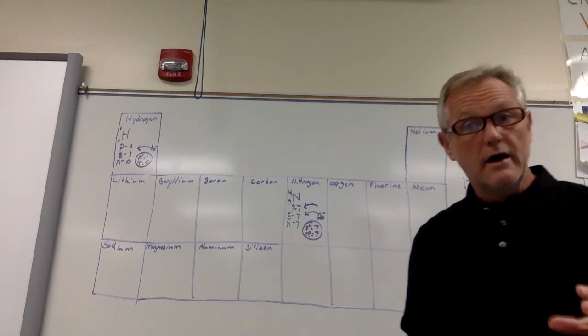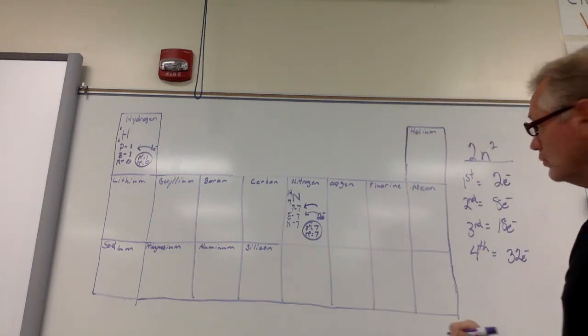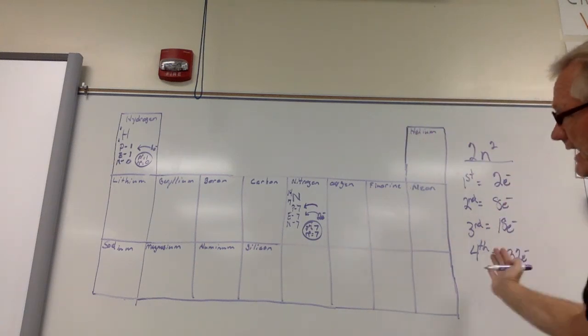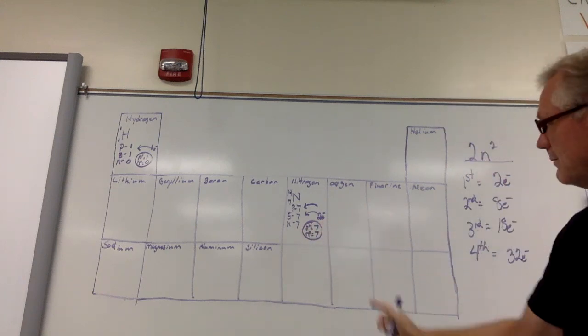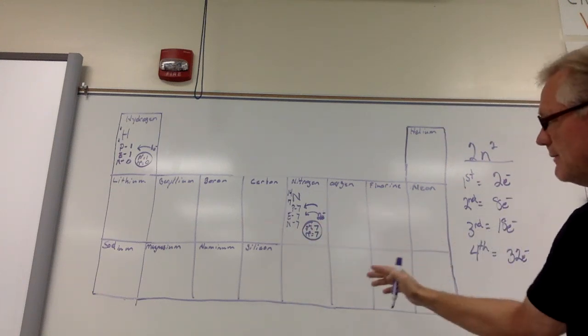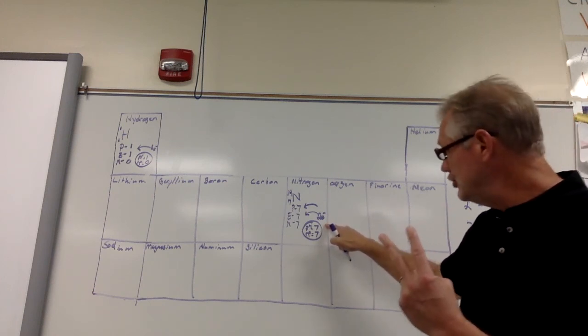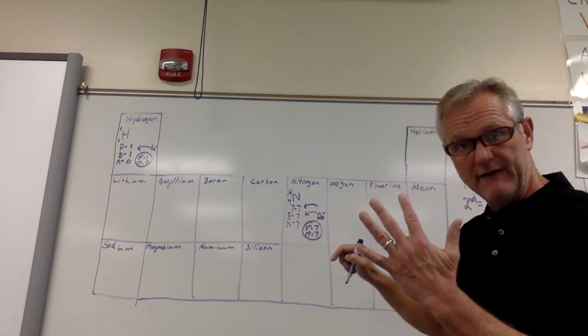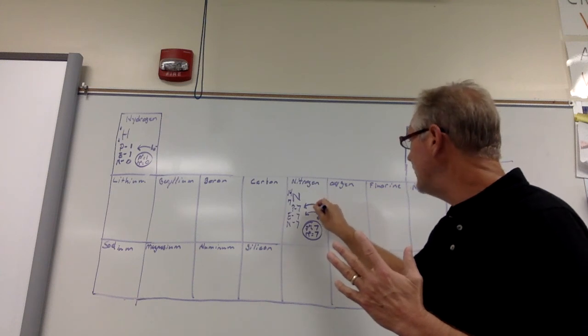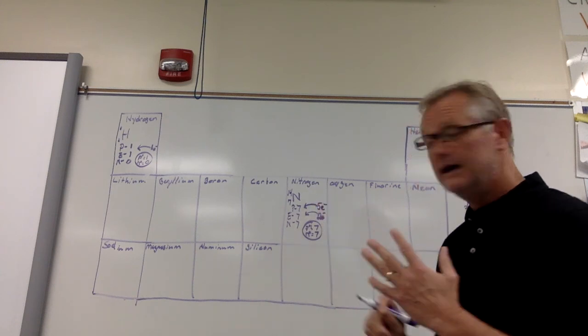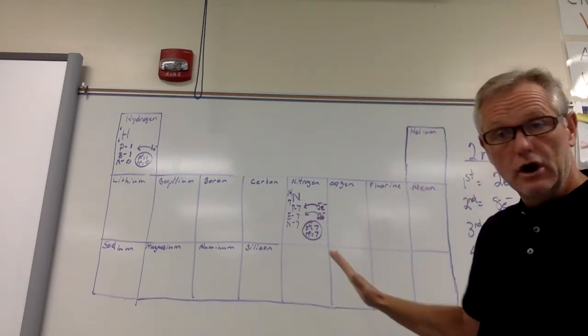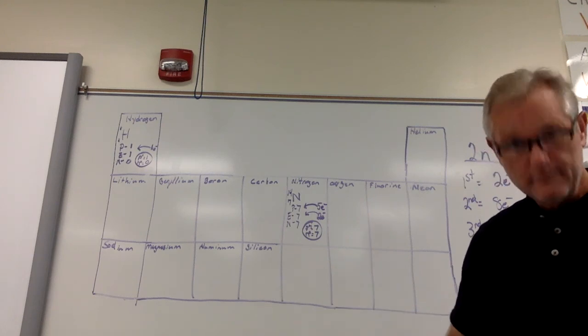Now the second energy level holds all the way up to 8. But do I need to put 8 in it? No. Do I go back and put 7? No. I say, look, I've already placed 2 of my 7, so I'm left with 5. So I'm going to put 5 electrons right there.